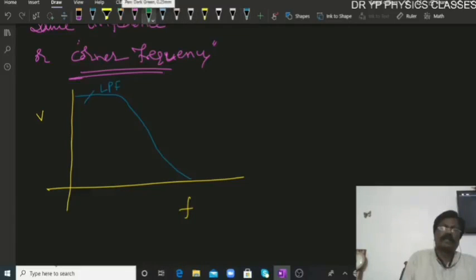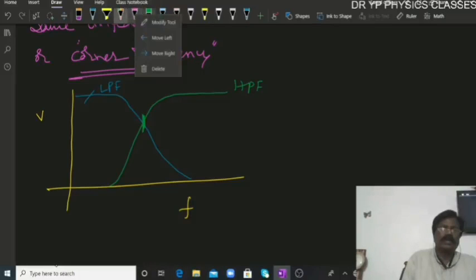This is for LPF, low pass filter. And for high pass filter, it is something like this. So this is for HPF, high pass filter.